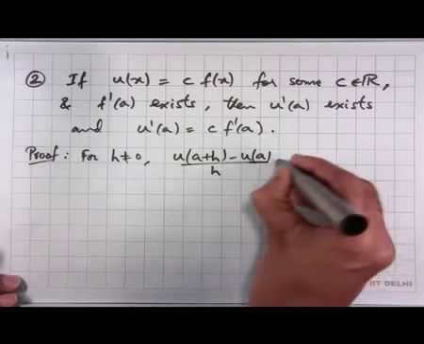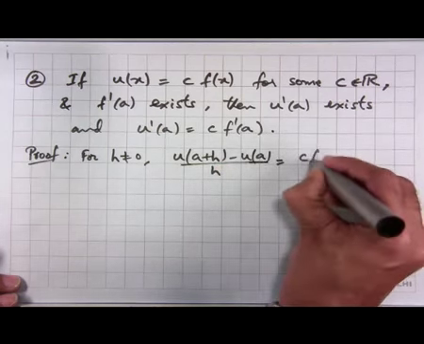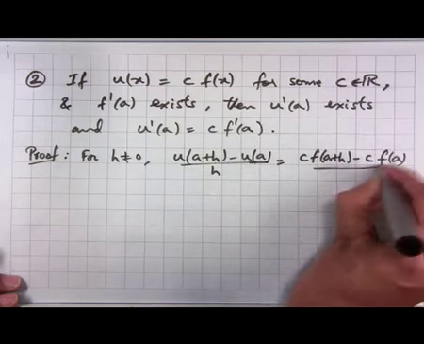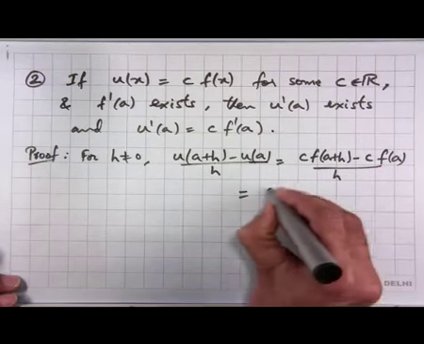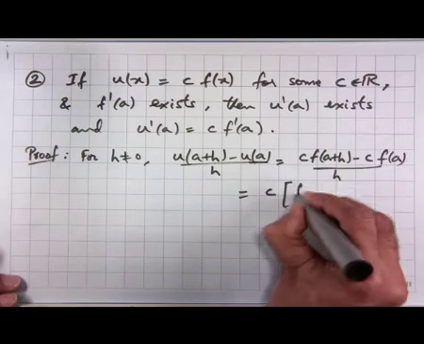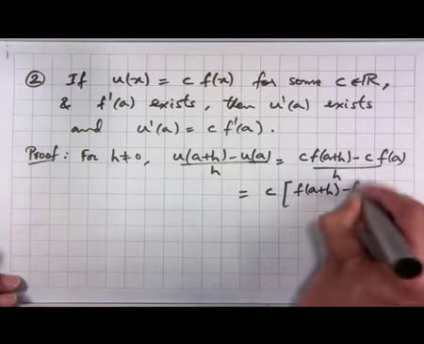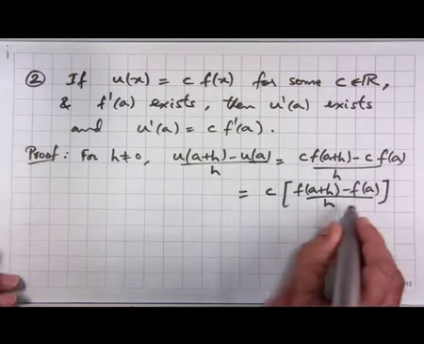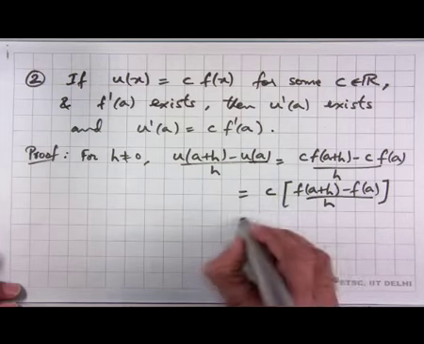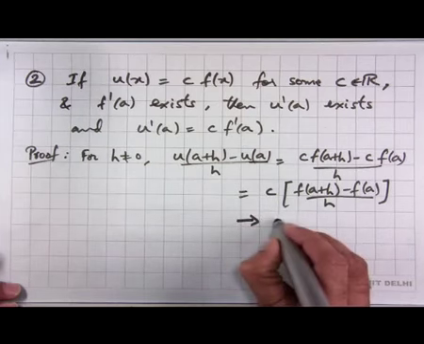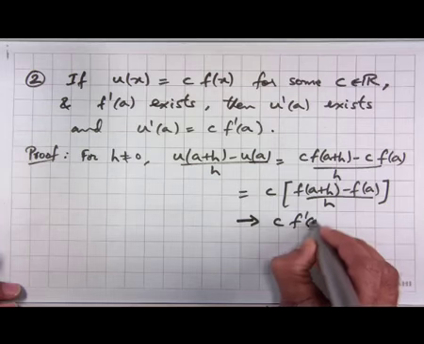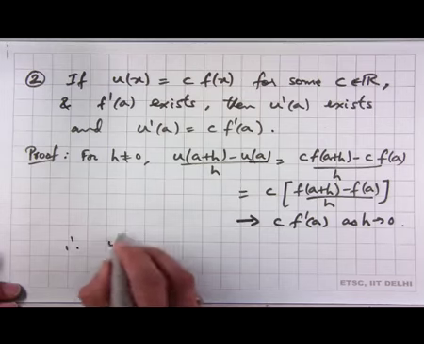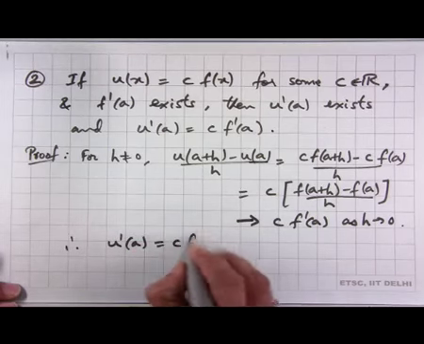This is equal to c times f of a plus h minus c times f of a divided by h, which is equal to, I can take c common, and then I have f of a plus h minus f of a divided by h, and we know that this limit is equal to, so I will simply write this tends to c times f prime a as h tends to 0. Therefore, u prime a is equal to c times f prime a.